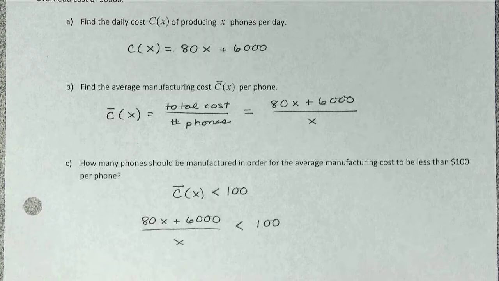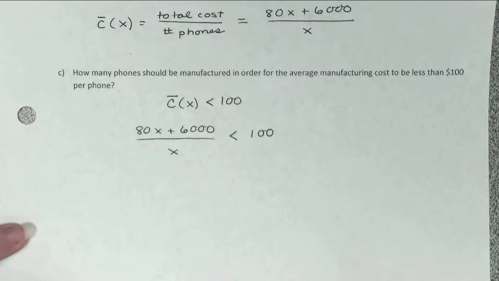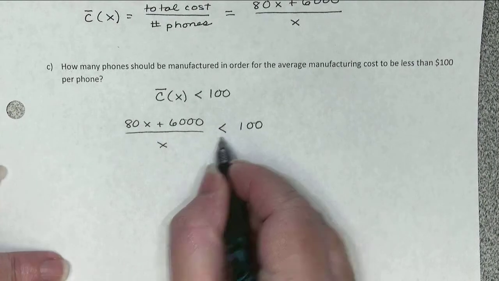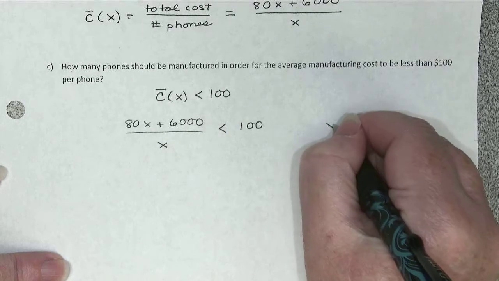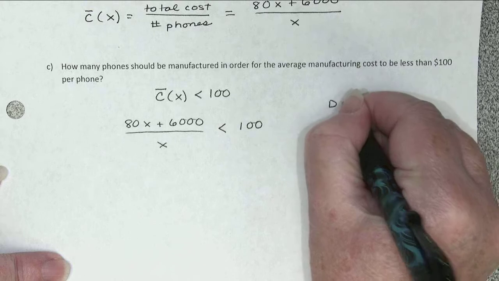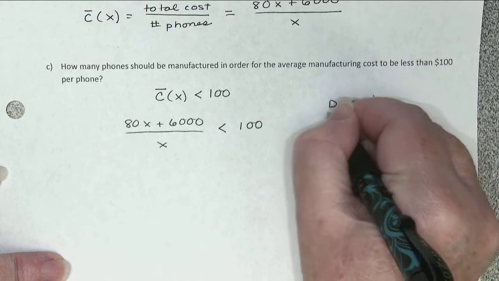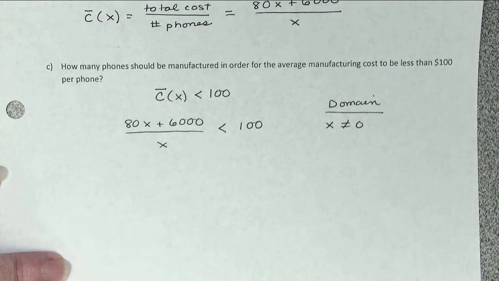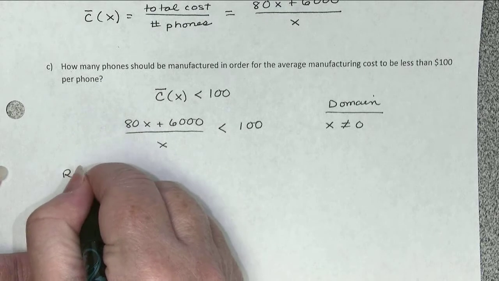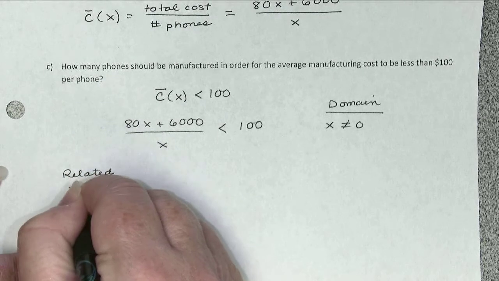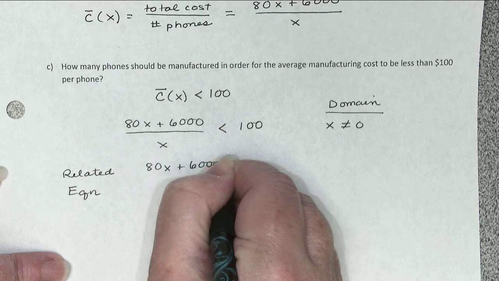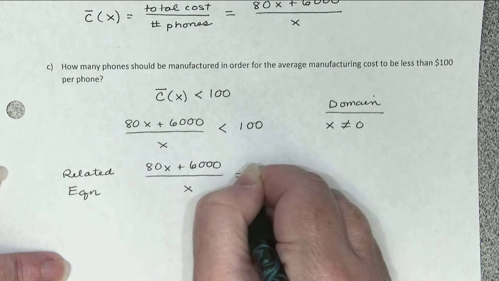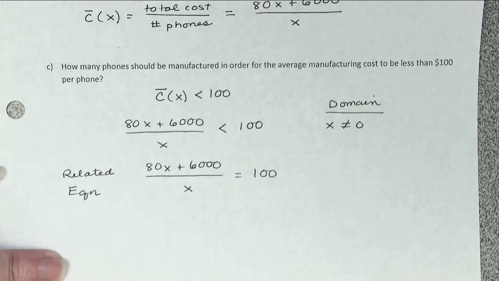If we're going to solve this inequality by hand, I'm going to start by saying the only bad value of x would be 0. That would be my domain. And then I'll look at the related equation, changing that less than to an equals. All right, I would like to clear the fraction.